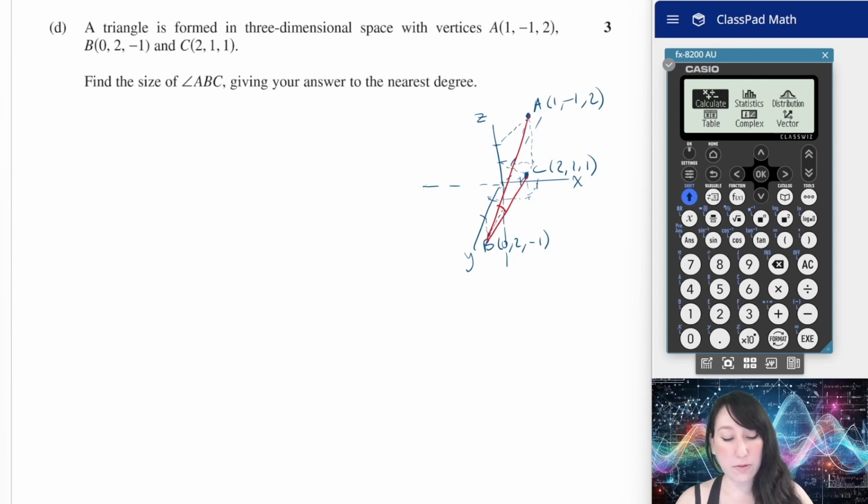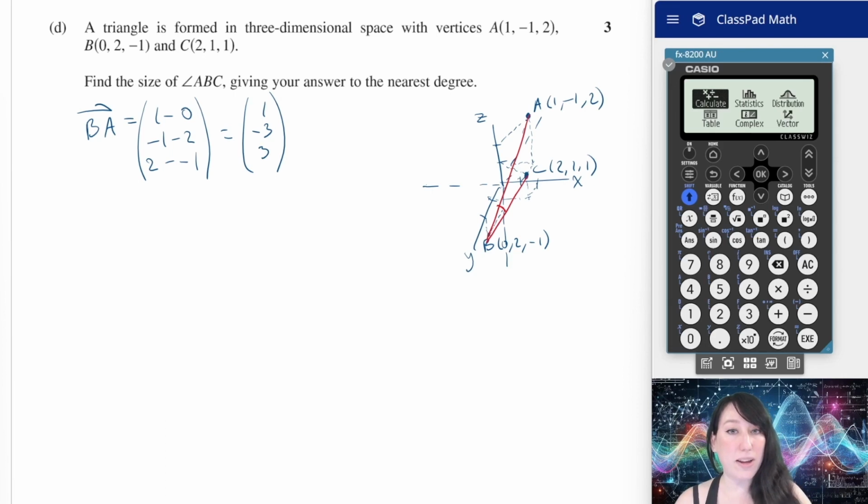What's the vector from B to A? Each component is the end point minus the beginning point. So the x component will be 1 minus 0, the y component, -1 minus 2, and the z component, 2 minus -1.